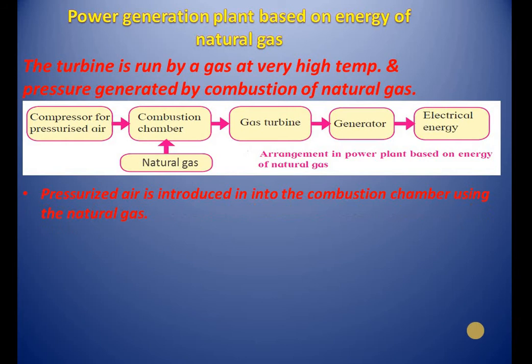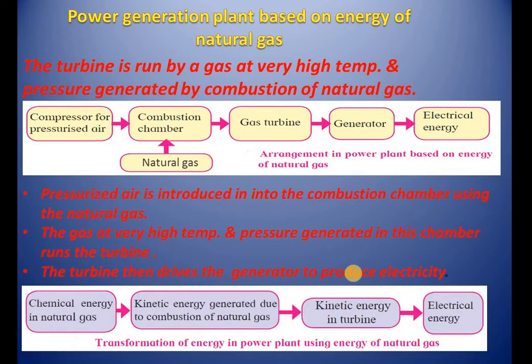Pressurized air is introduced into the combustion chamber using natural gas. The gas at very high temperature and pressure generated in this chamber runs the turbine. The turbine then drives the generator to produce electricity. See here, the step-by-step transformation of energy in the power plant.